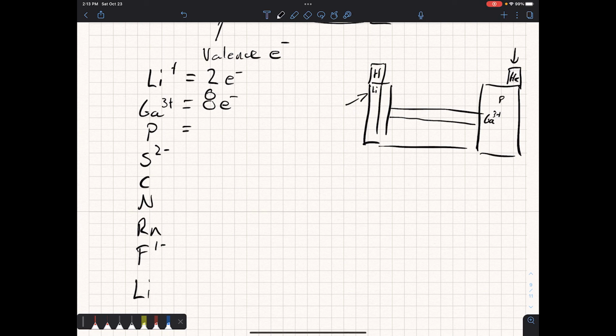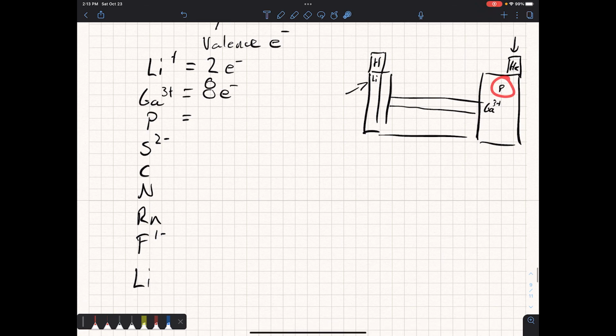Neutral phosphorus is going to be over here, not above gallium, but somewhere over here. So let's see, what group is it in? It's in group 5A. Because it's a neutral atom here, it has 5 electrons. I should have mentioned this before. Anytime we have a positive charge, we're removing valence electrons.